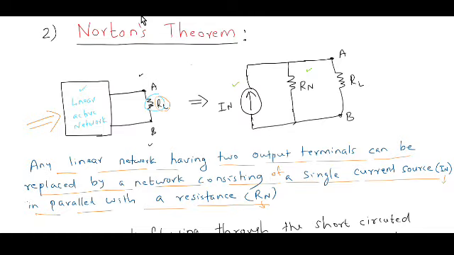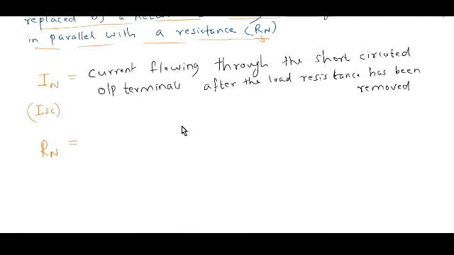Then whatever the net resistance viewed between the terminals A and B, that is RN. Let me write here: RN is the resistance measured at the output terminals after replacing all the voltage sources by their internal resistance.